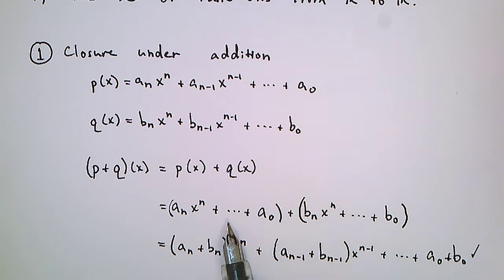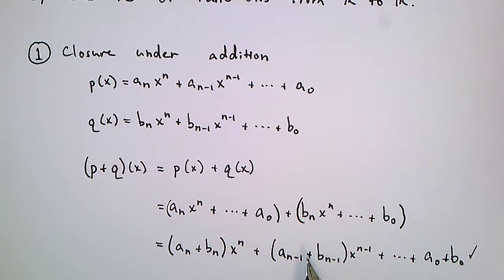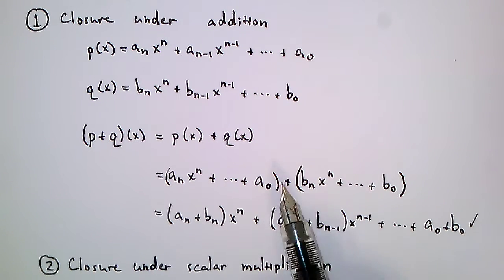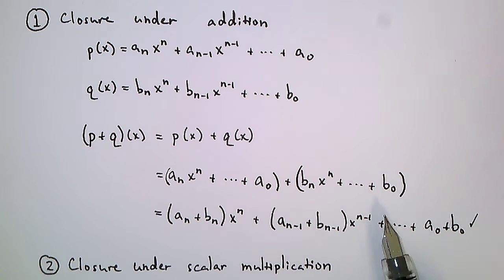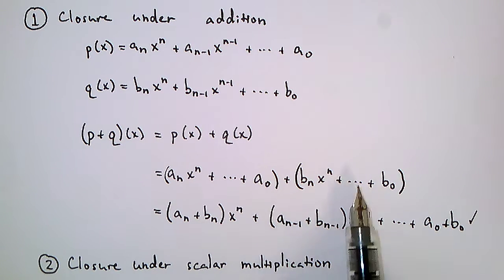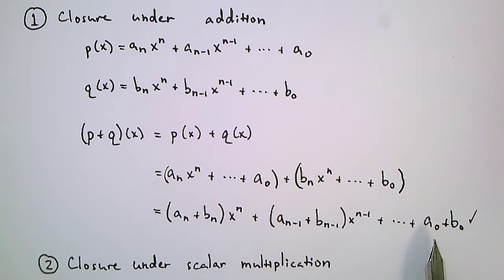And then you would go to the next one, the x to the n minus 1 term, and you would want to collect those two coefficients, like I did here. And then you would just keep on going through, collecting all of your coefficients for corresponding powers, and your last term would be your constants, so just tag those on the end, a0 plus b0.